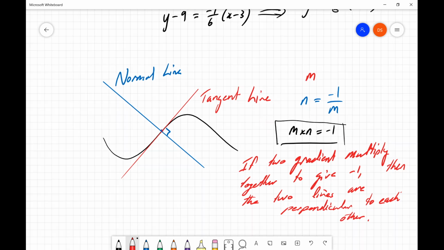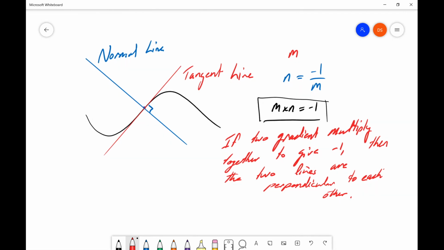Right? So if two lines' gradients multiply together, okay, let's read some of these. Max: a normal line is a line that goes through. Outstanding. Another: a tangential line that touches a single point and is the same gradient as the gradient of the function. Okay.